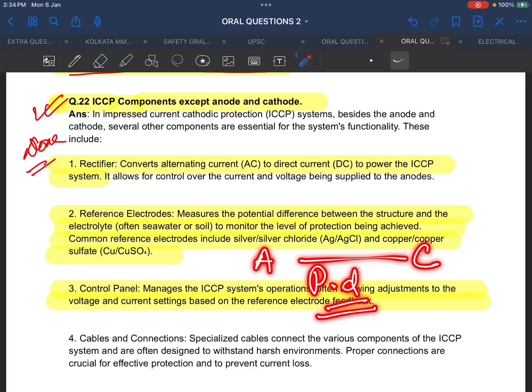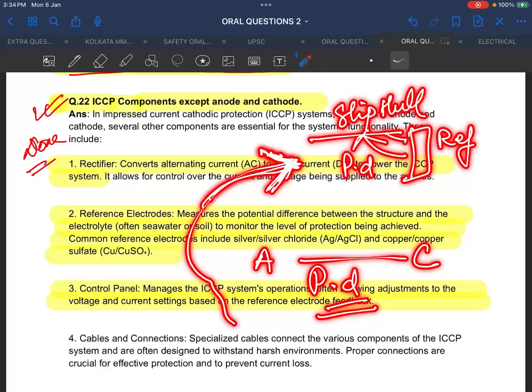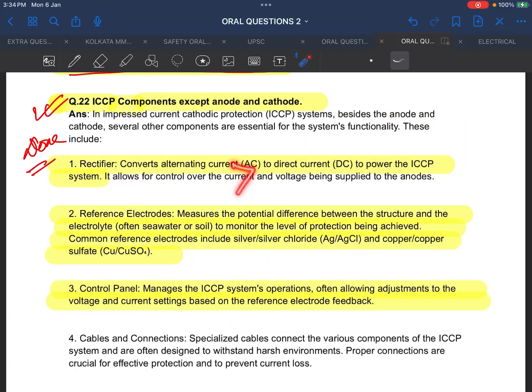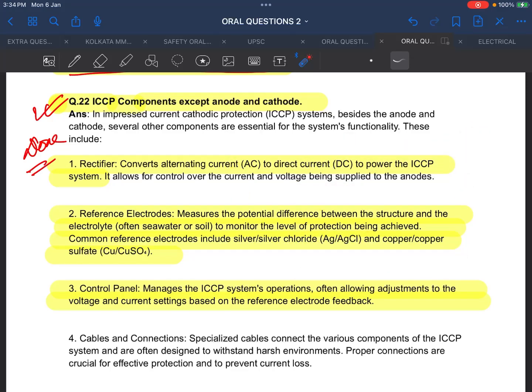With the ICCP, with the help of the control panel, PCB and thyristor control circuit, they measure the potential difference between the ship hull and a reference anode, and they send a current greater than this corrosional current in the opposite direction, so that it will minimize the effect of the corrosional current, and this ship hull will act as a cathode, not as an anode. So our hull will be protected. So this is the function of ICCP.